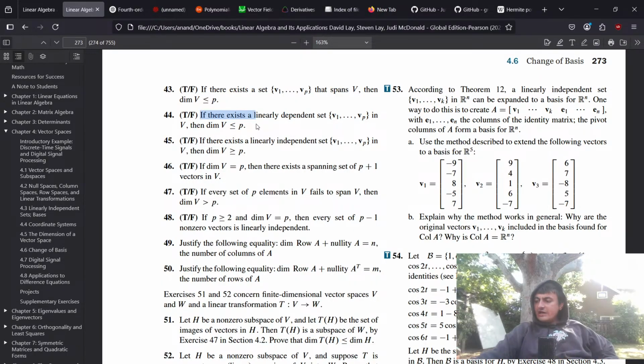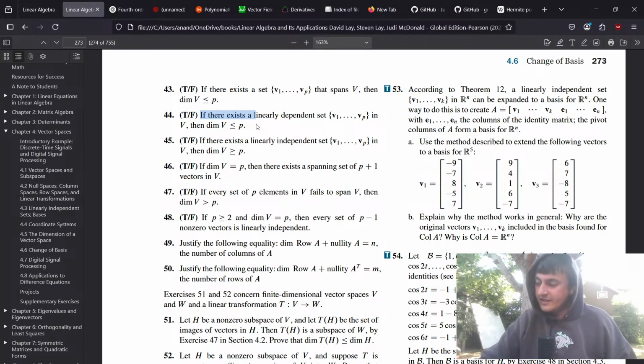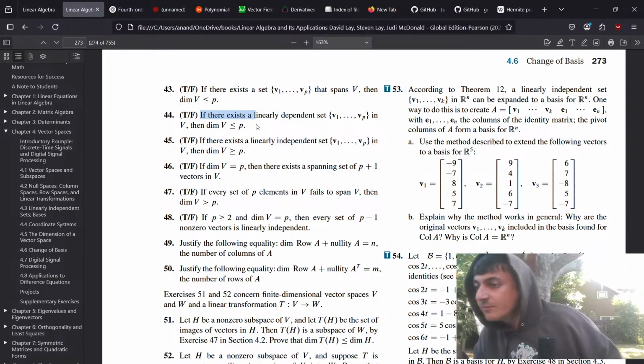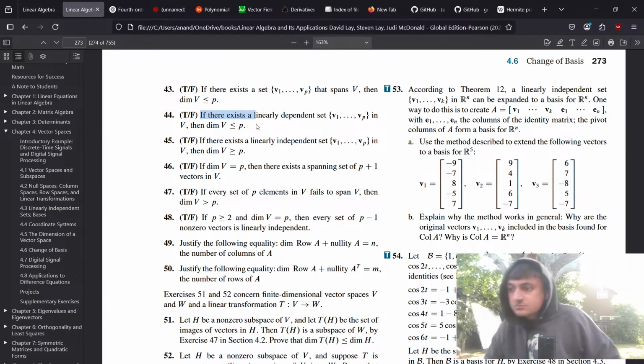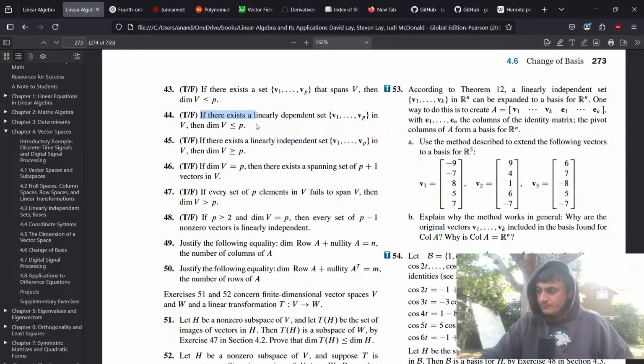Okay, 45. If there exists a linearly independent set V1 to Vp in V, then the dimension of V has to be greater than or equal to p. That's true, because if they're independent, then you got to get that space from somewhere. Okay, 46. If the dimension of V is equal to p, then there exists a spanning set of p plus 1 vectors in V. I mean, that's true.